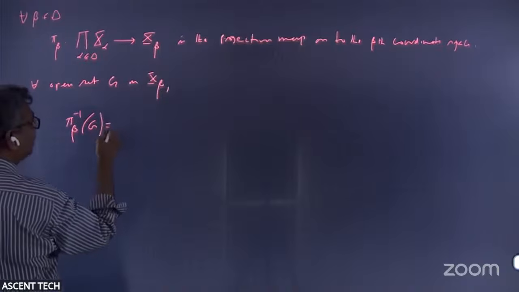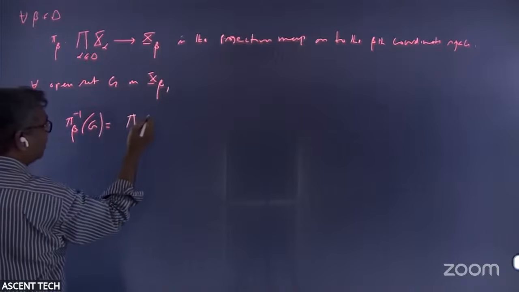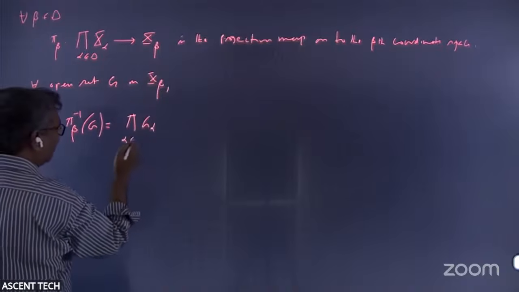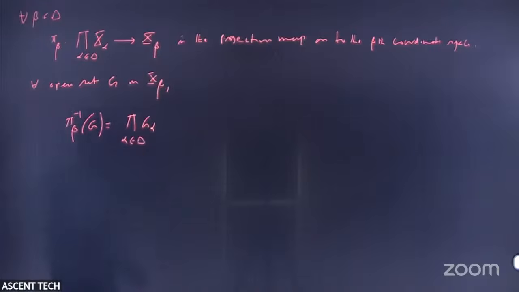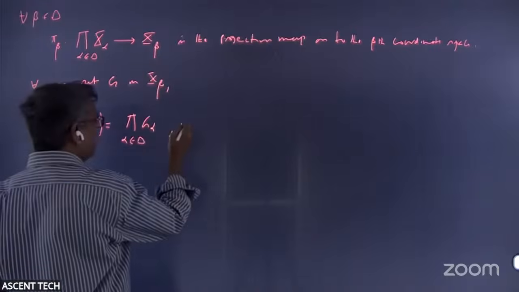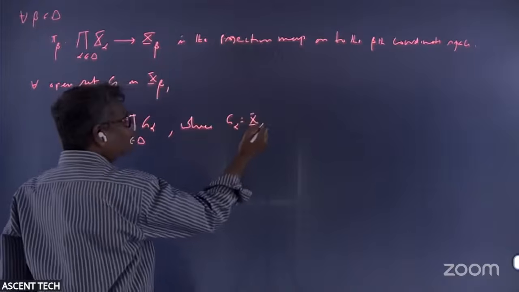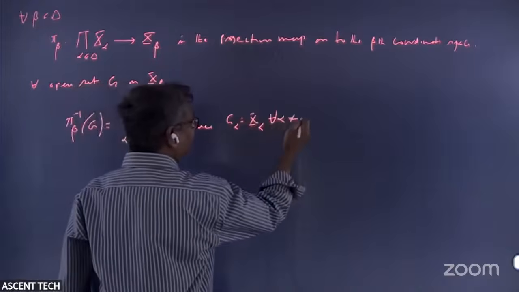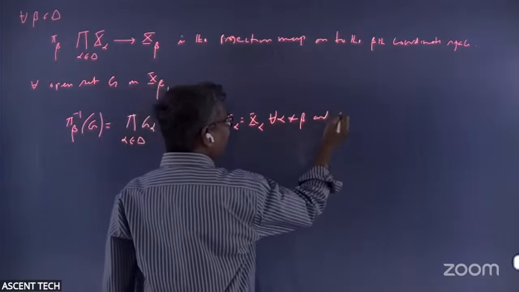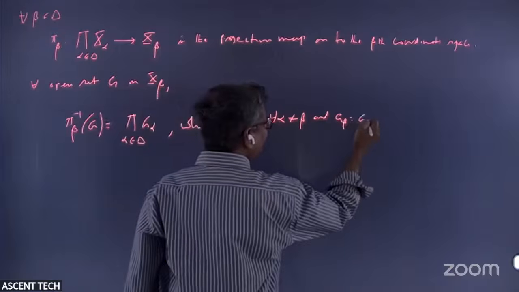It is actually going to be the product of G alpha, alpha in delta, where G alpha equals X alpha for each alpha not equal to beta, and G beta equals G.